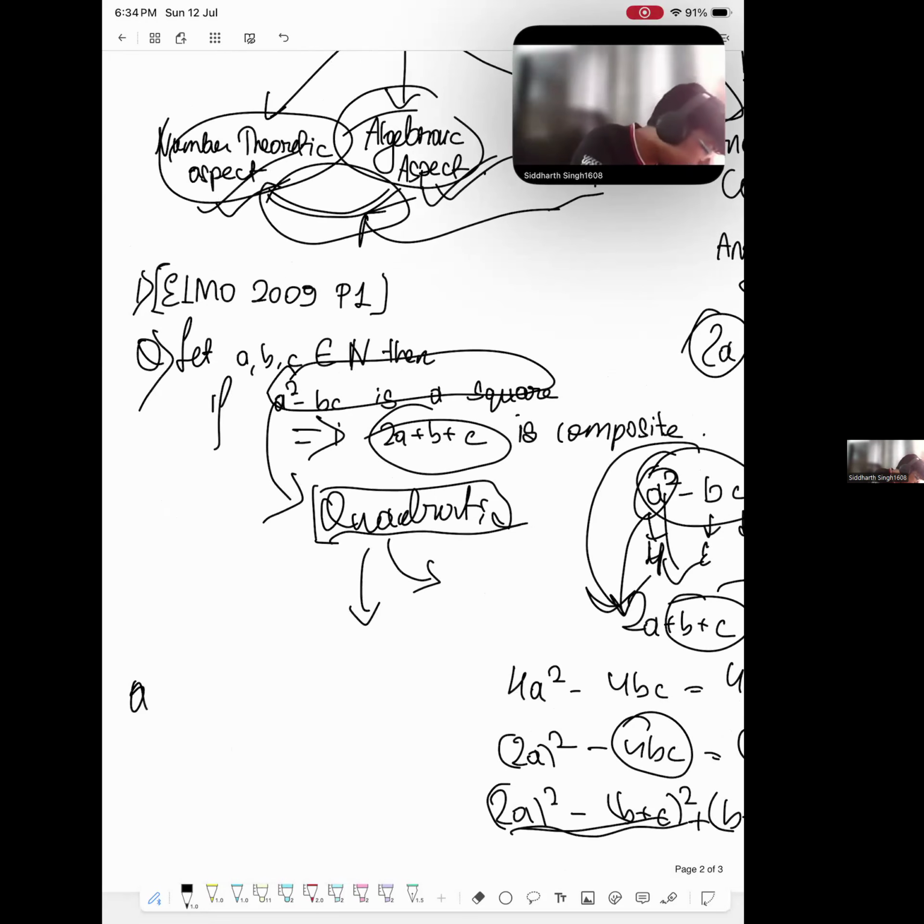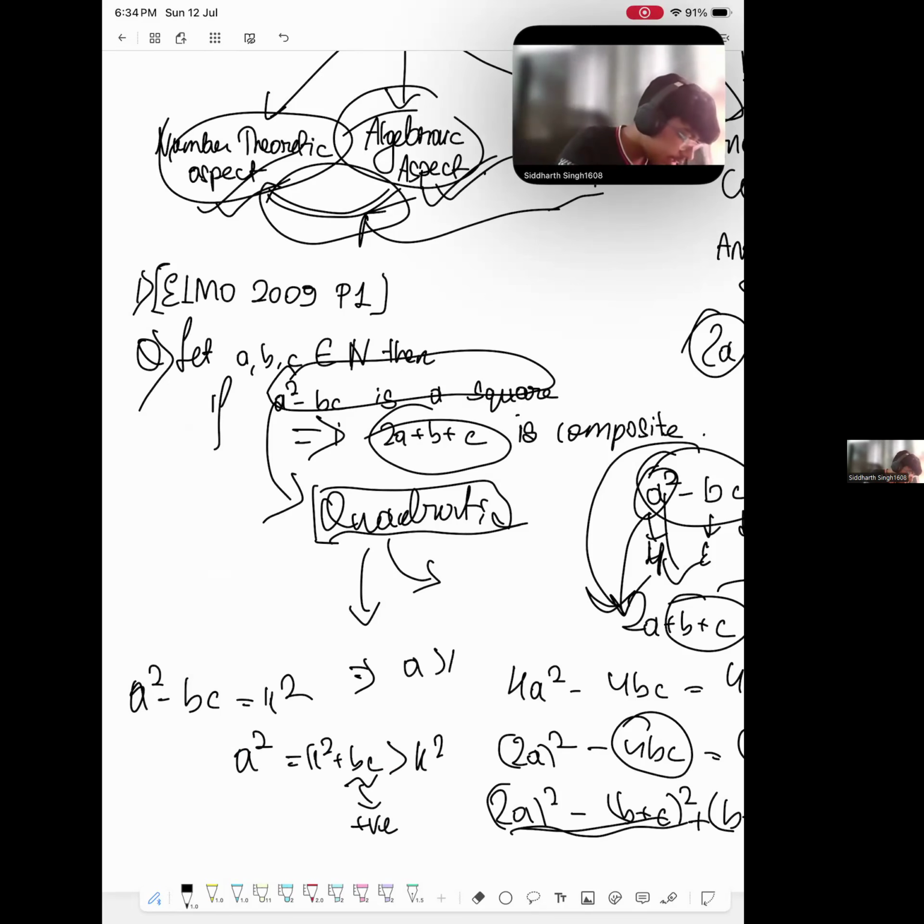You only need this part. So why is a greater than k? Yep, exactly. So a square is equal to k square plus bc, which is obviously greater than k square since this thing is positive. Therefore, a is greater than k since both are positive. Yep, exactly. k square minus a square. Yep, exactly.